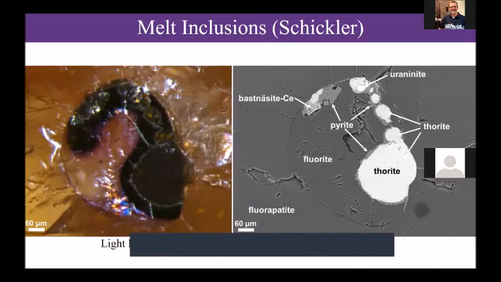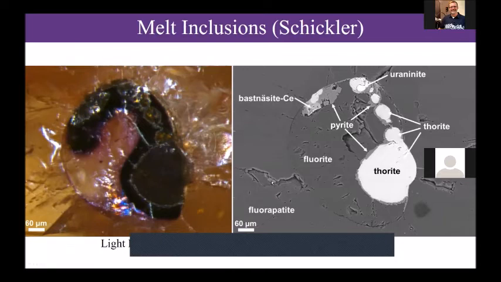So just to continue on with some examples of melt inclusions, we have a light microscopy image of our best fluorite melt inclusion along with the backscattered electron view. And you can see this interesting darkening of the fluorite around the thorite, and that is due to the radioactivity of thorite.